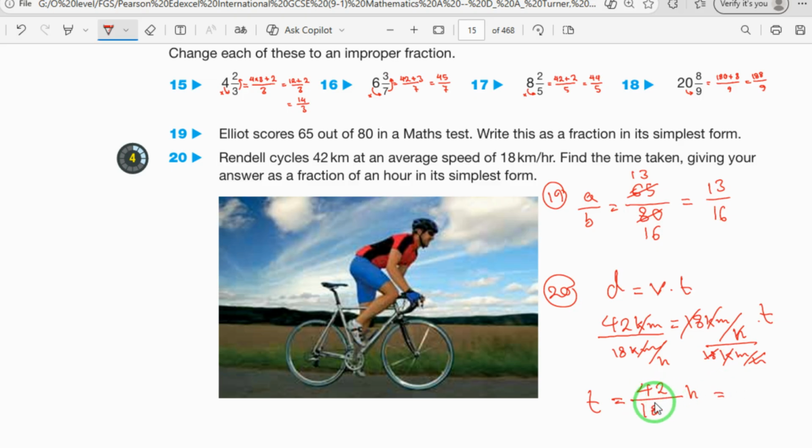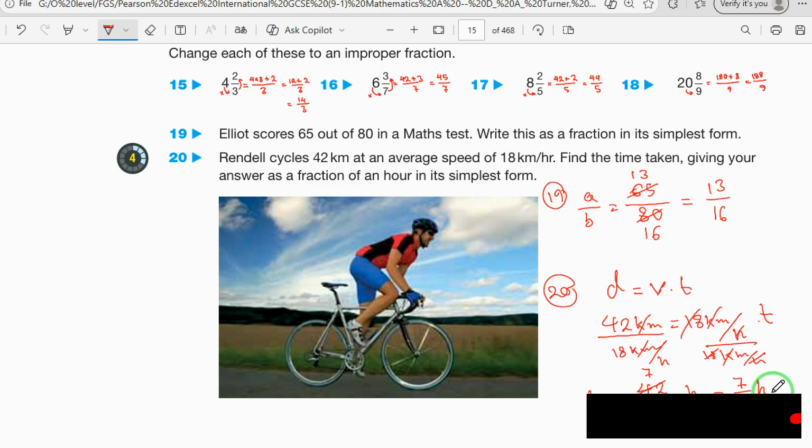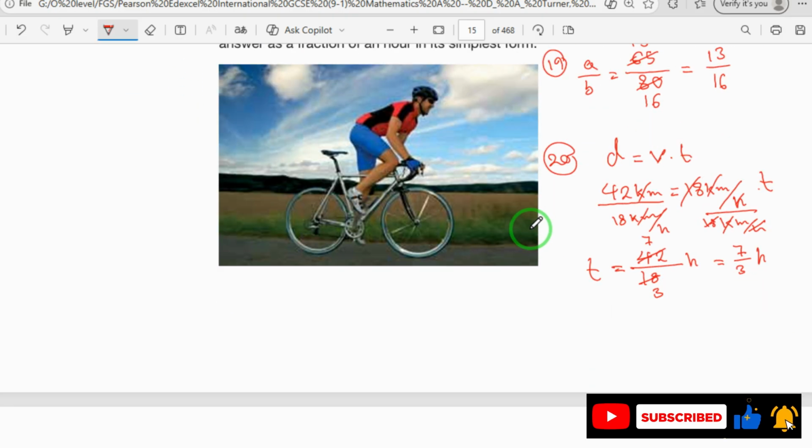And we can simplify. Both of these two numbers are divisible by 6. We divide by 6. 7 times 6 is 42. 3 times 6 is 18. So t is 7 over 3 h. And it also says to find the time. We should find the time, giving the answer as a fraction of an hour in its simplest form.